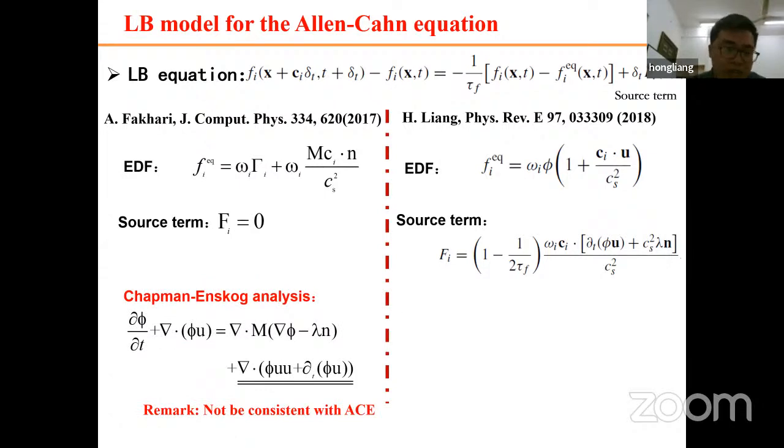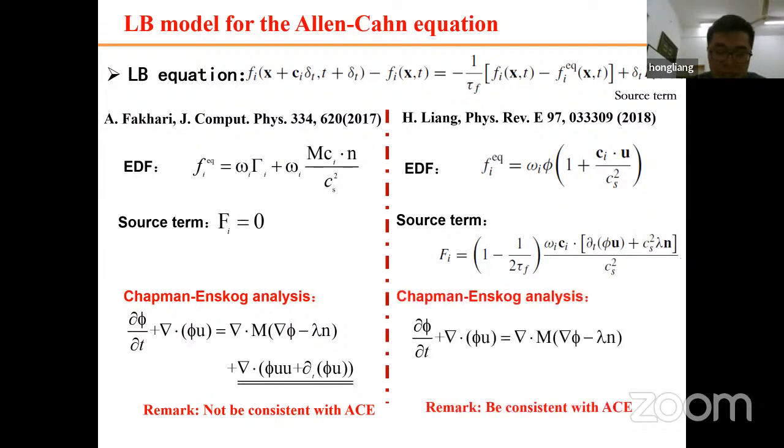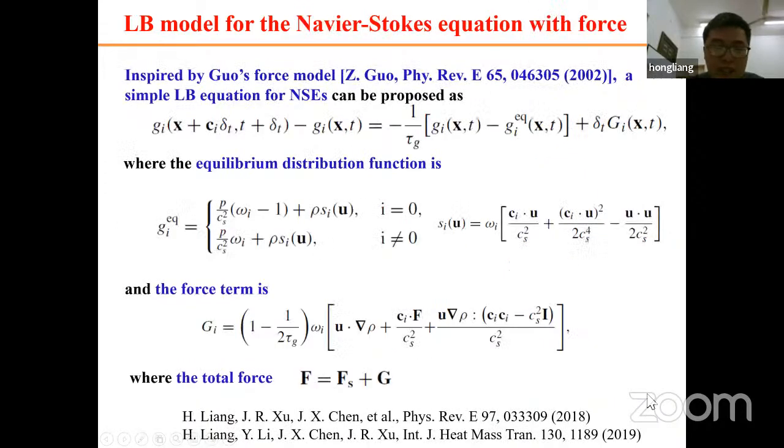We can find that the model of Fakhari cannot recover the analytical equation accurately, and includes some error terms, while our model can recover the Allen-Cahn equation accurately. In this regard, we can see that our model is more accurate than the model of Fakhari. Next.